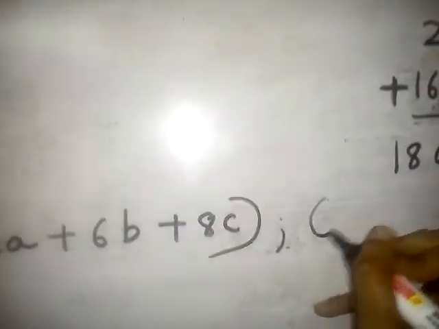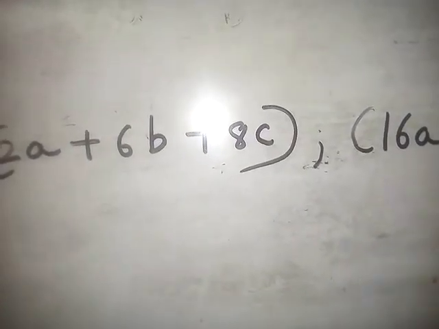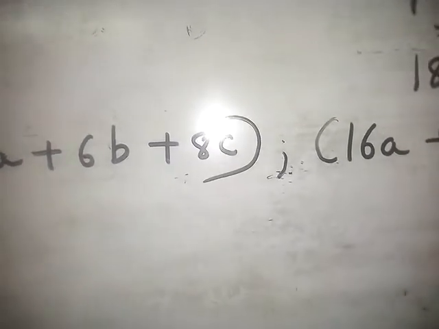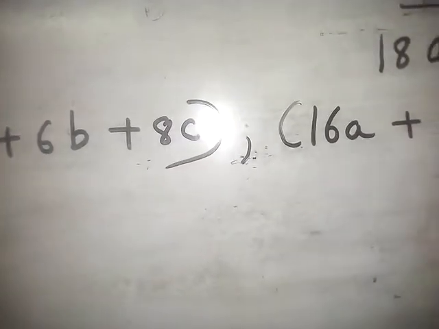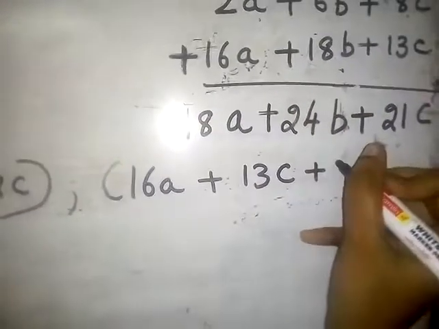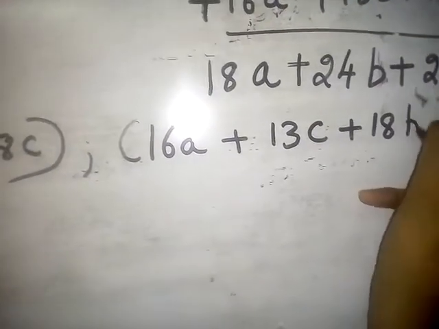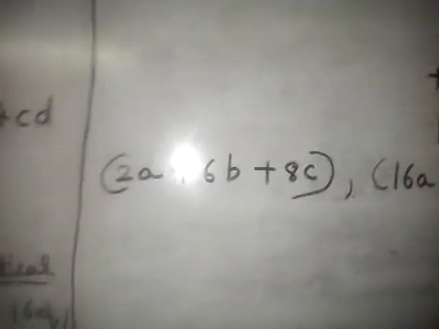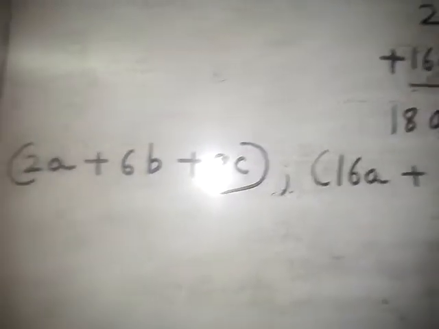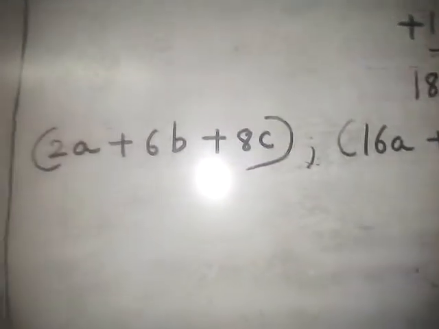Next one, 16a plus 13c plus 18b. Now you have to bring the like terms together and then you have to add.